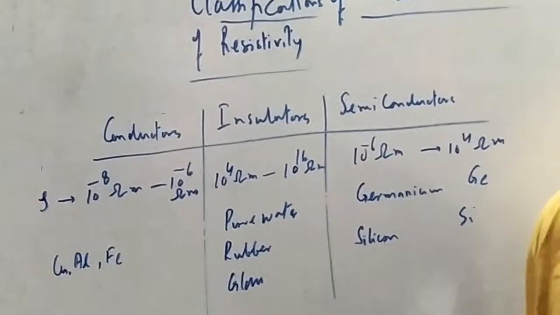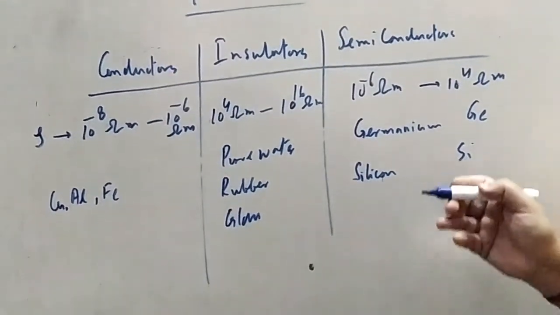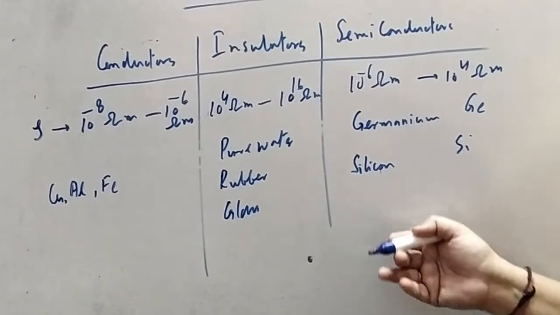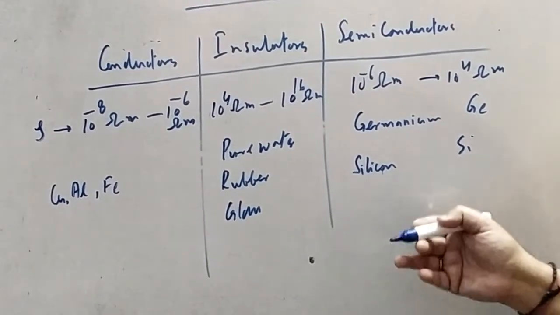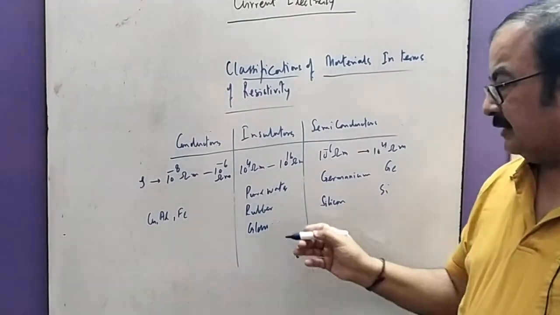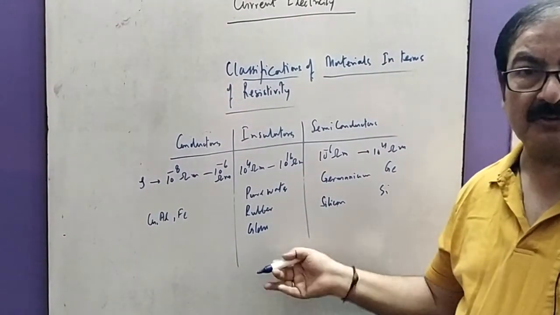They are the most common semiconductors. Of course, there are many other things like gallium arsenide. That's also a very good semiconductor. But that is in fact a combination of two materials. And here also we can have other things like quartz.